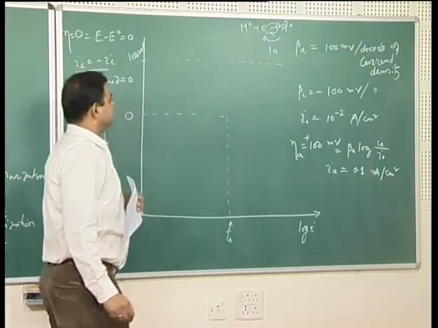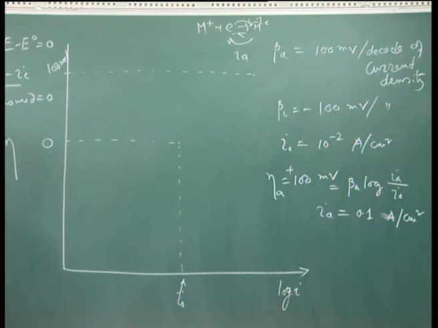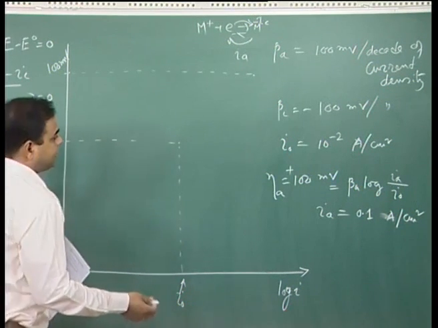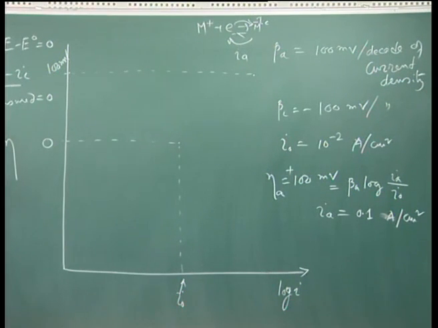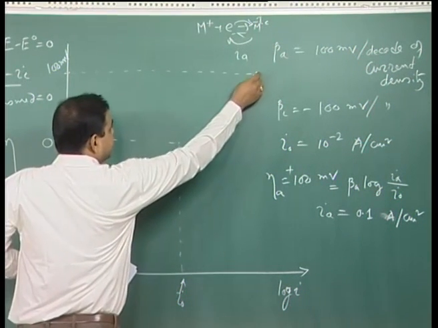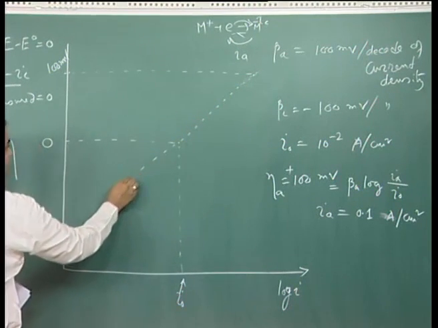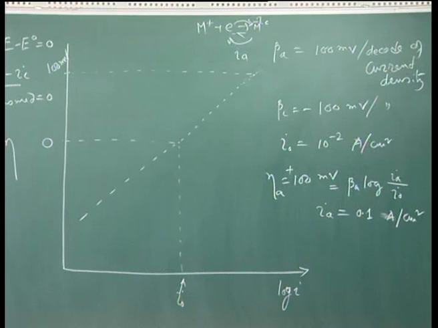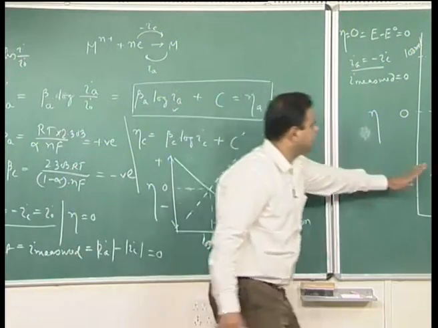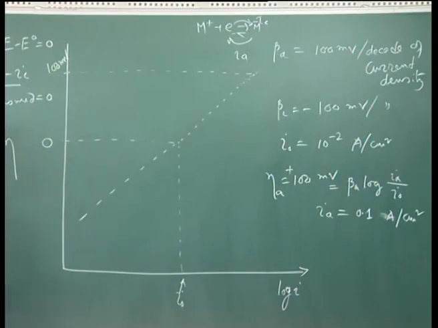Like that I can also find out what would be my cathodic current, so then I can draw this anodic polarization line, it will be governed by this equation. So, I can have a line for anodic polarization.